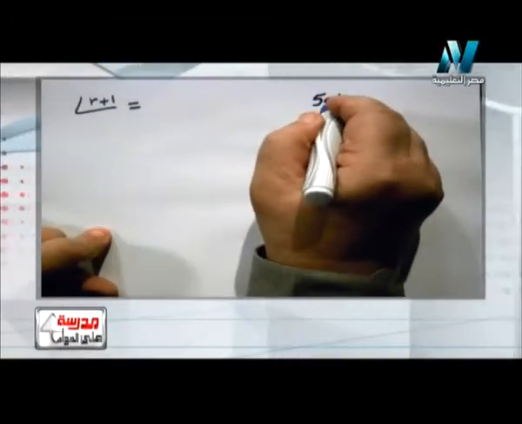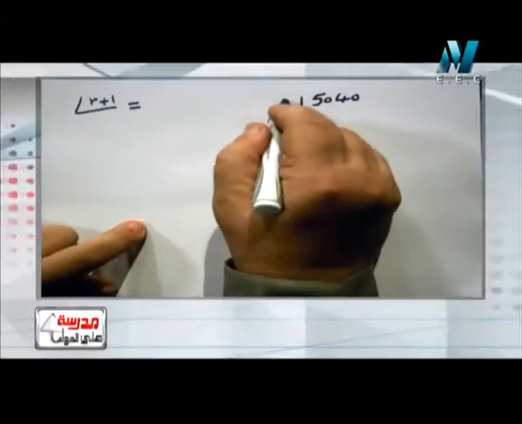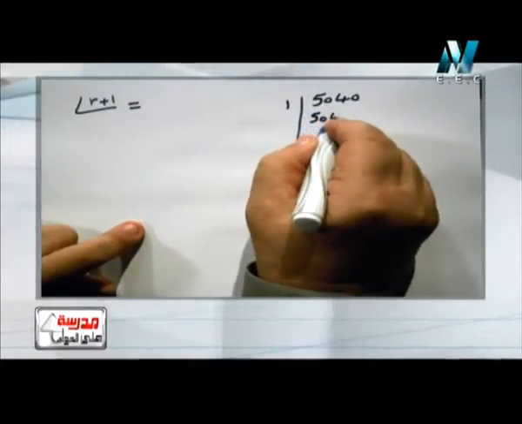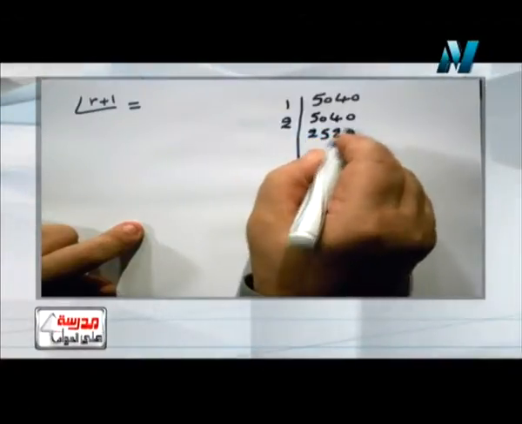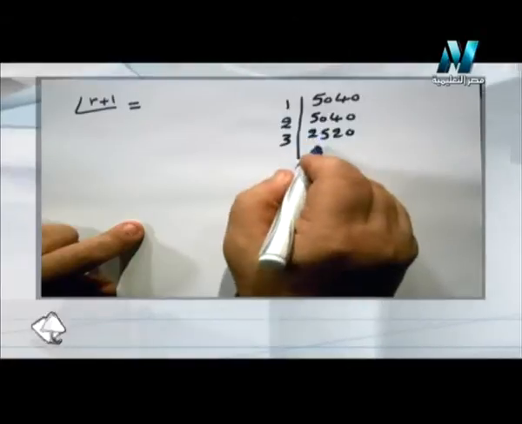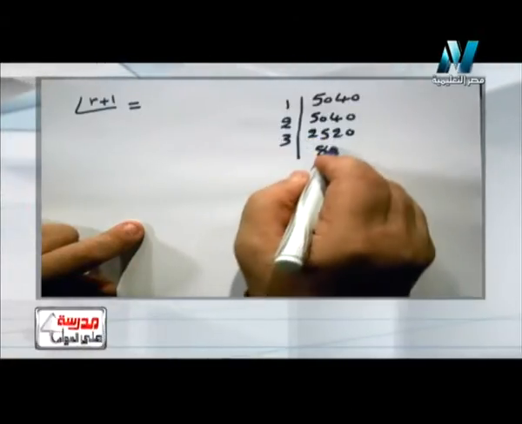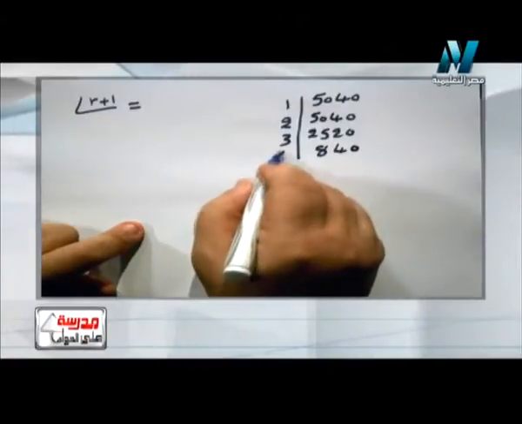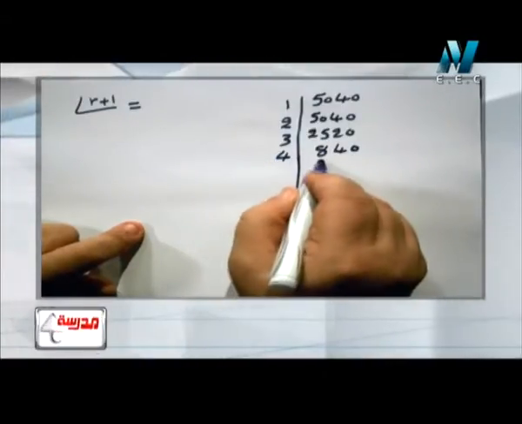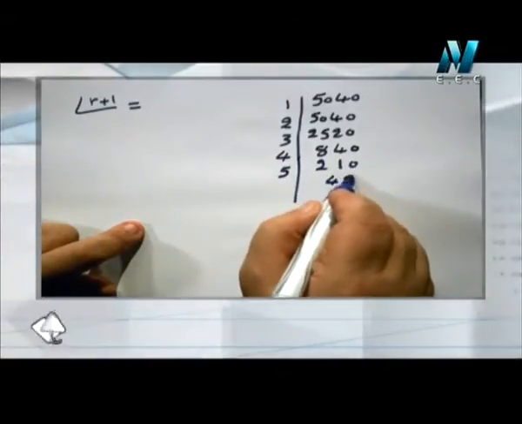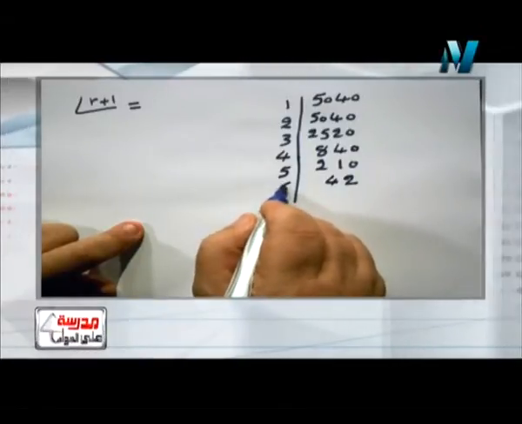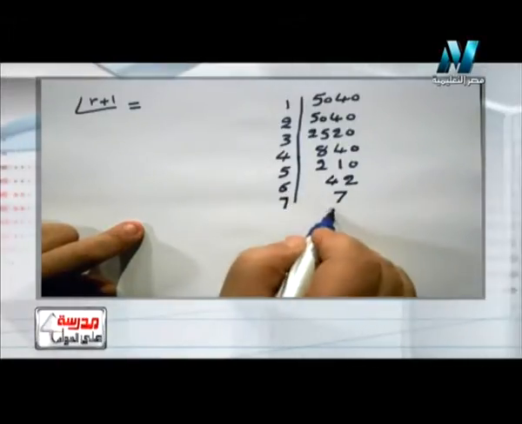We take 5040, divided by 1, 5040, divided by 2, 2520, divided by 3, 840, divided by 4, 210, divided by 5, 42, divided by 6, 7, divided by 7, 1.